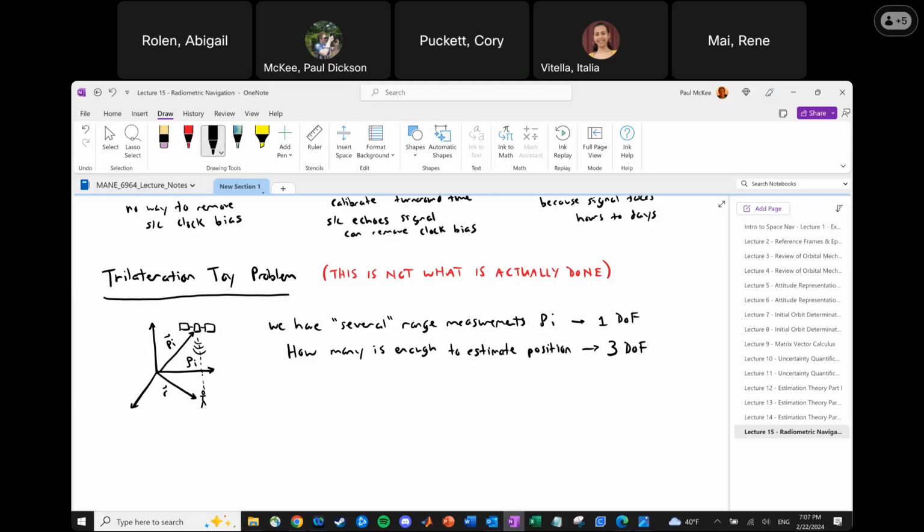And so that would imply that we need 3 measurements, this might have been what you were thinking. 3 measurements give us a solution, but it's not quite that simple. 3 measurements give us a solution. 4 or more measurements give us a unique solution.